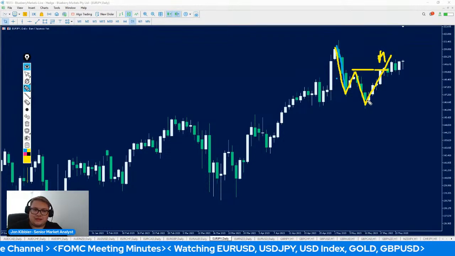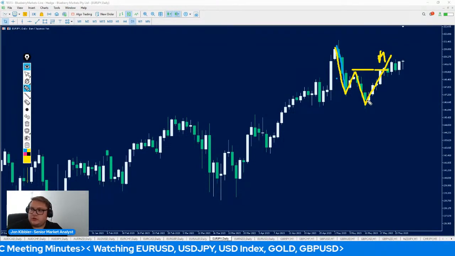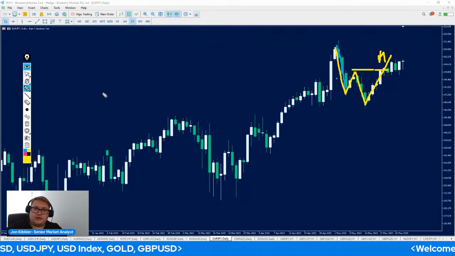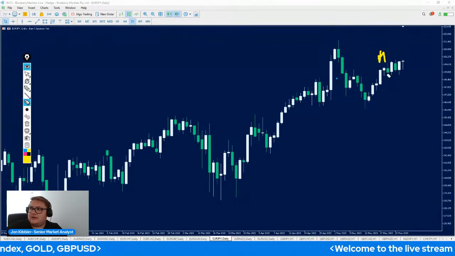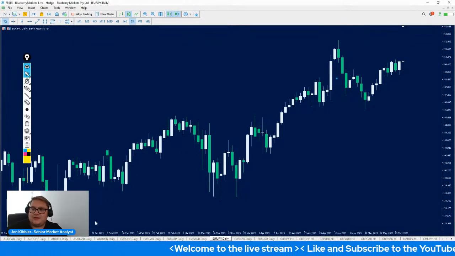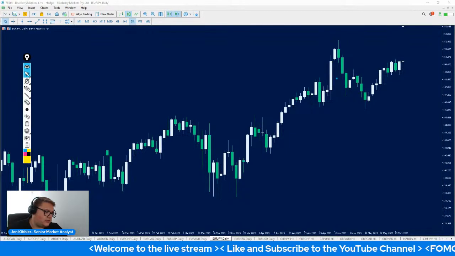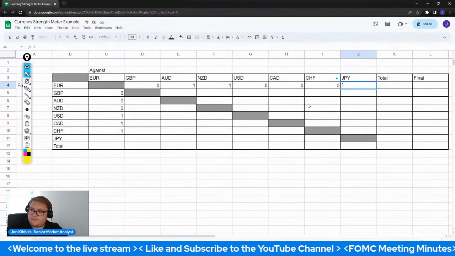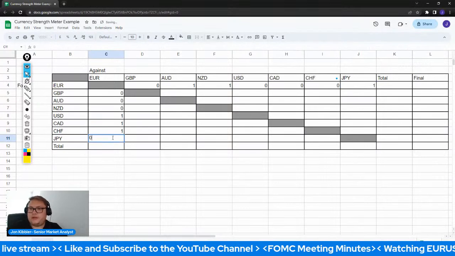It's just that, again, you'd have to look at this and come to your own conclusion, basically, on whether you think that the yen is stronger than the euro. I would say that euro is stronger than yen in this position. So what I'd do is I'd go back to the table, euro, yeah.